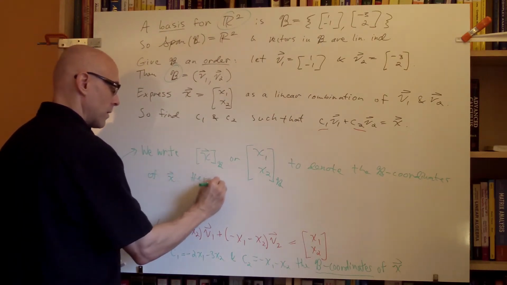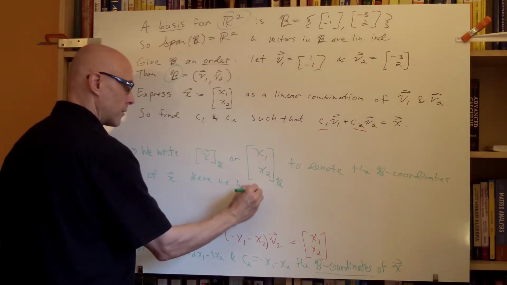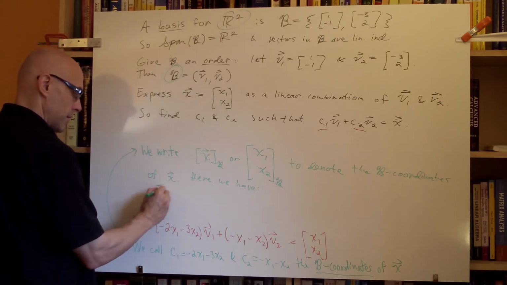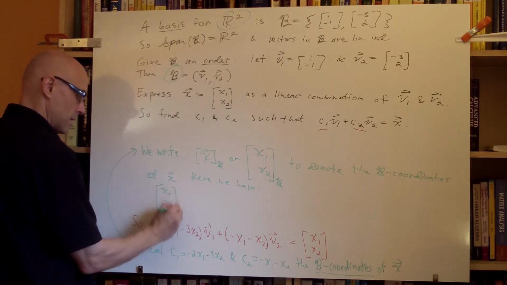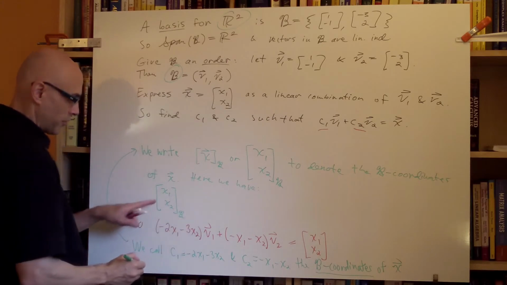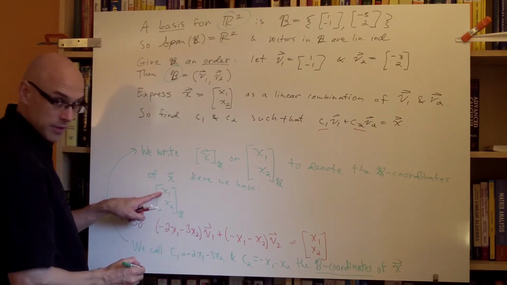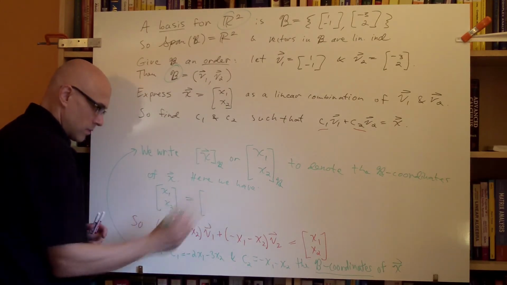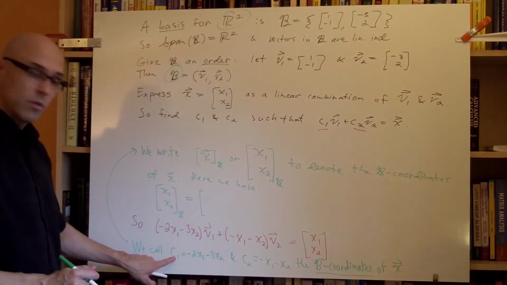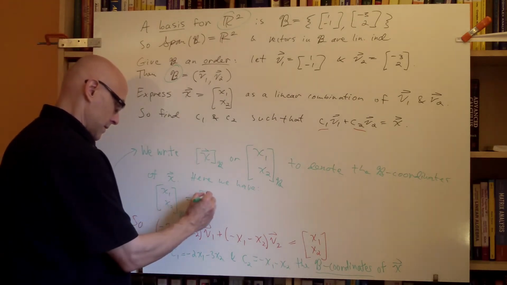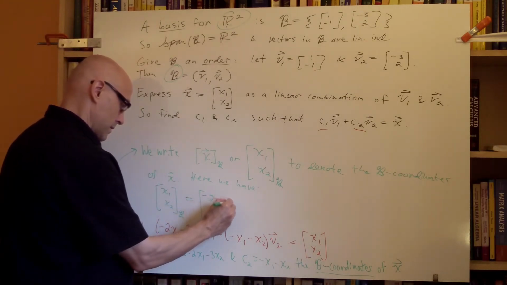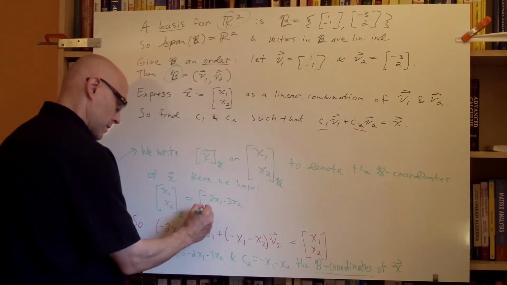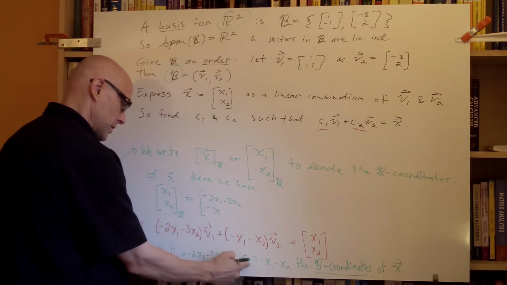Here we have the B coordinates of an arbitrary element of R2 with components x1 and x2 is equal to C1, which is this, and C2, which is this.